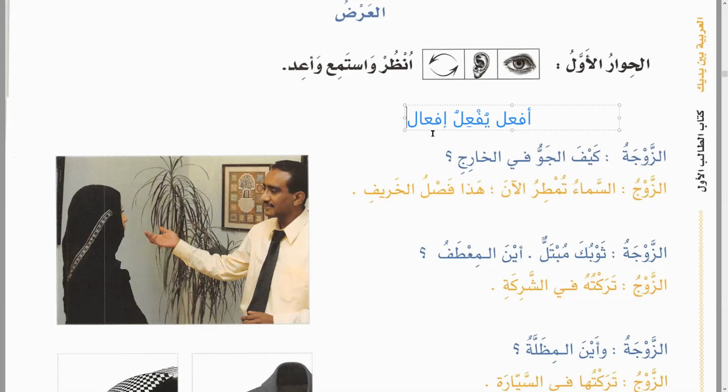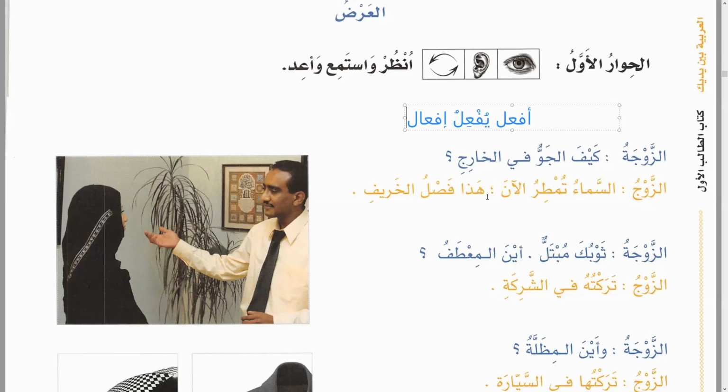The hit itself is called darb. Like zahaba yazhabu, the going itself is called zahab. The action without the tense is called masdar. Islam is a masdar. It doesn't have tense in it. It's not a verb, it's a noun, called a verbal noun, that has the meaning of the verb but no tense in it.